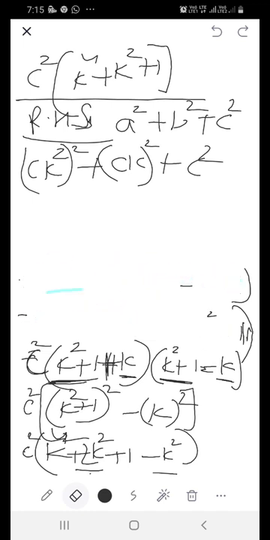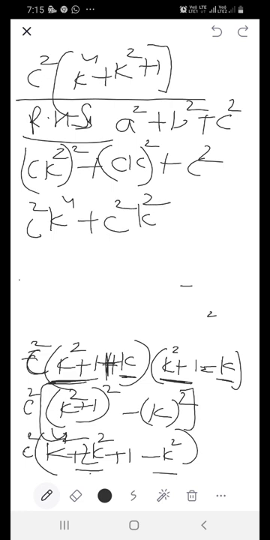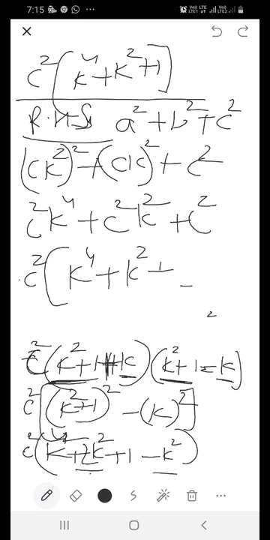It will become C square K to the power 4 plus C square K square plus C square. Take C square common. K to the power 4 plus K square plus 1. This is your right hand side.